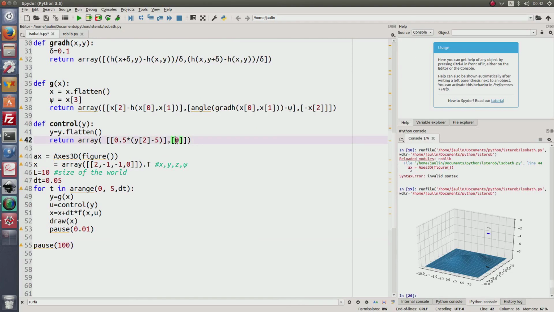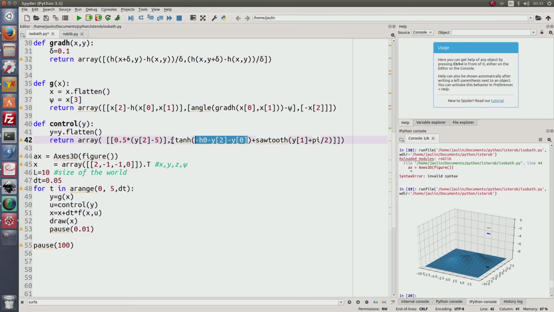So for u2, I will write here the sawtooth function to have the right to follow an isobath, and here I put the error E2, but I also add a saturation function, hyperbolic tangent, to avoid having this error being too large and having a strong influence on the input.